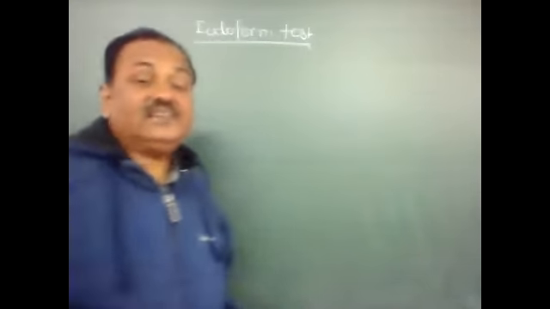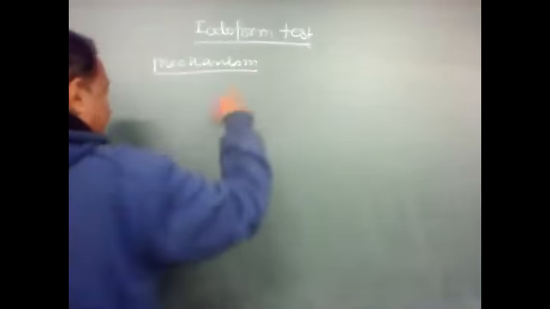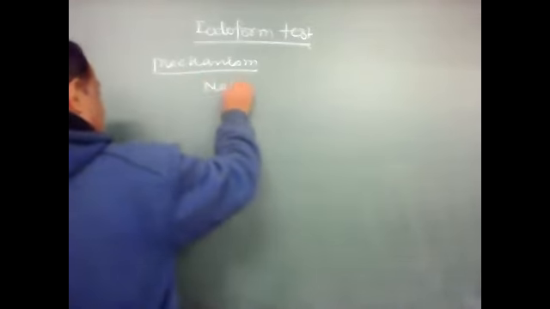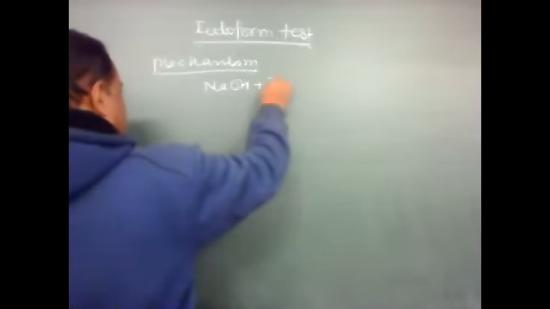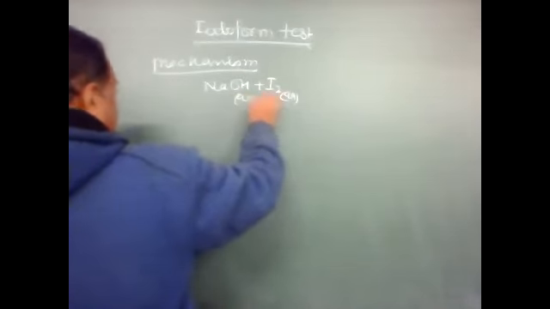Now, this reaction has a mechanism also. So, the mechanism is that, first of all, there is formation of a substance from NaOH aqueous plus iodine.